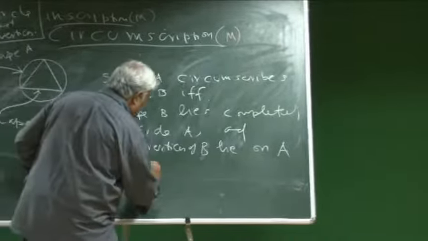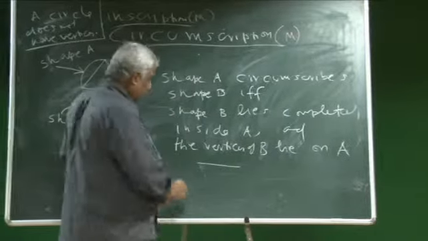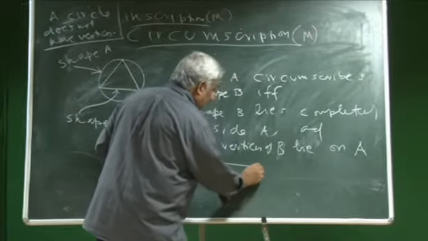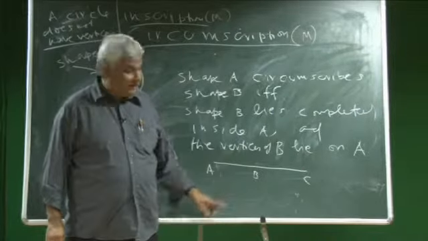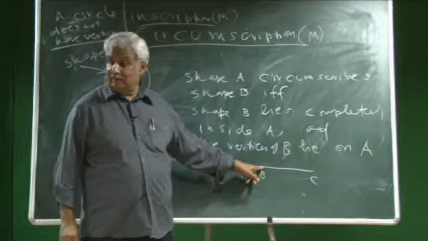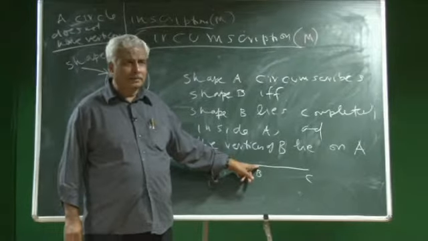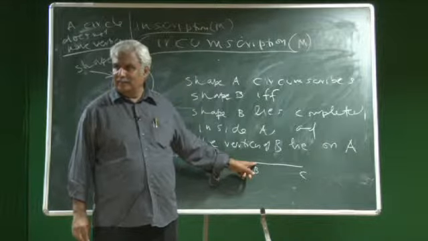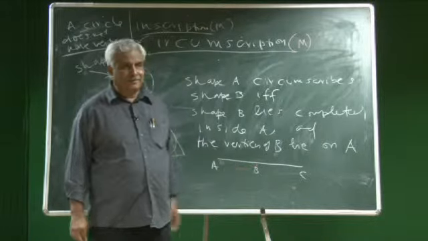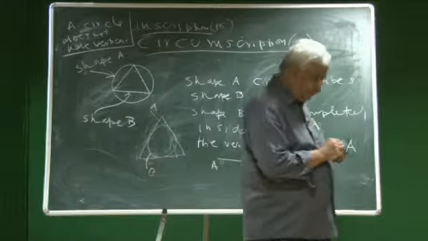So I draw a line AD, and then I draw a line BC. Is this a vertex? They meet at a non-straight angle, a non-collinear point, not at a straight angle.